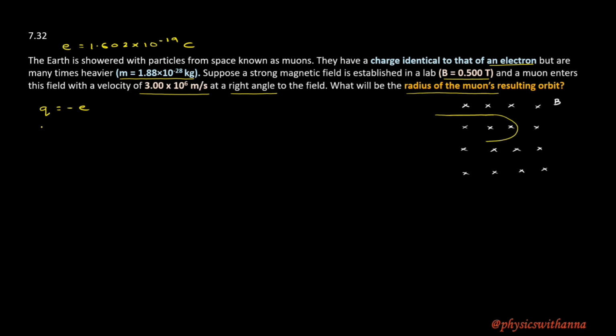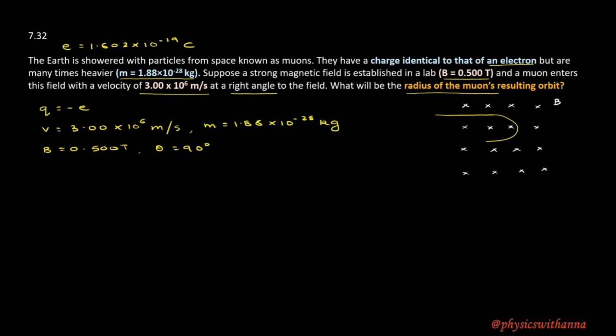Then we have the velocity of the particle to be equal to 3 times 10 to the power 6 meter per second. Its mass m is 1.88 times 10 to the power negative 28 kilogram, and magnetic field B is 0.5 Tesla.